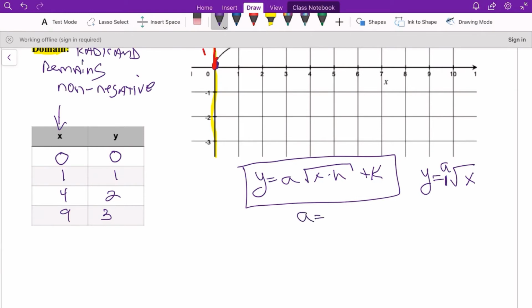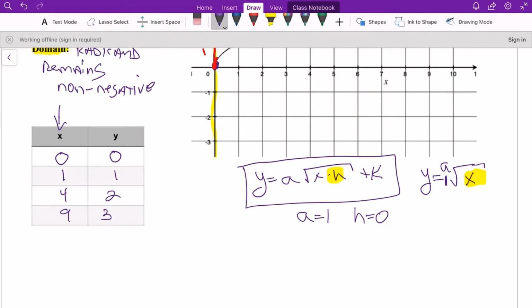So my a would be 1. And h is always going to be under the radical. So if I don't see anything under the radical besides an x, my h is going to be 0.